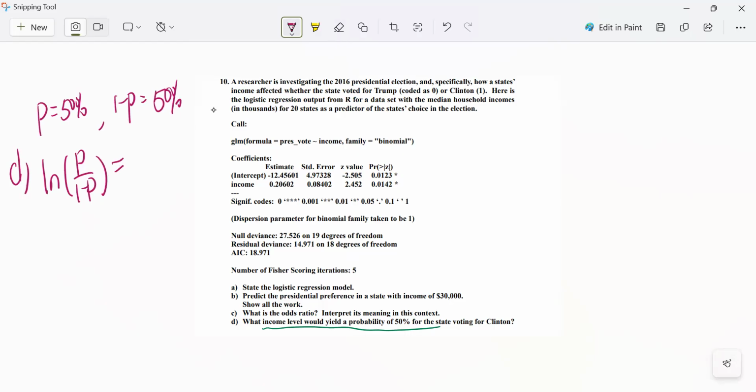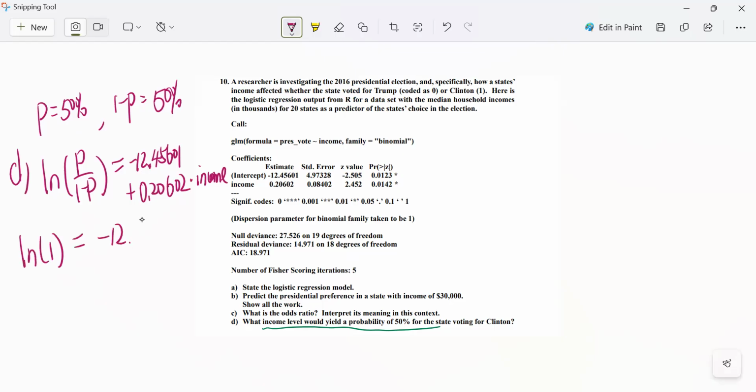So ln of 1 on the left equals minus 12.45601 plus 0.20602 times income, and I will try to solve for the income level. And the left-hand side is ln of 1, and that's 0.